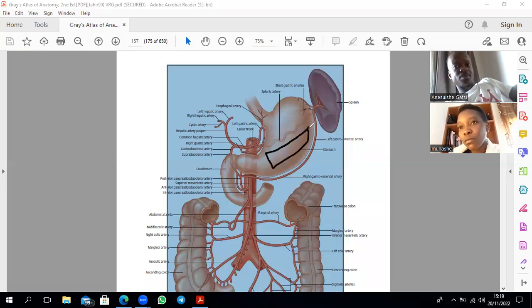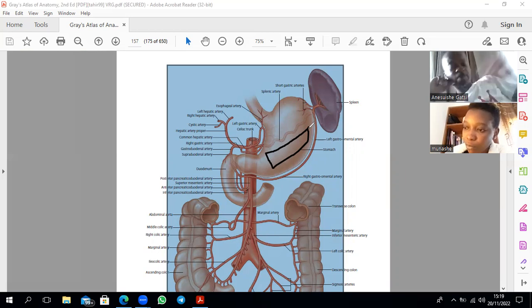The splenic artery travels on the upper border of the pancreas as it goes to the spleen. Whilst on that upper border, it gives branches for the pancreas, such that if you go into a lab and try to lift the splenic artery, you lift the pancreas as well because of the branches going into the pancreas.